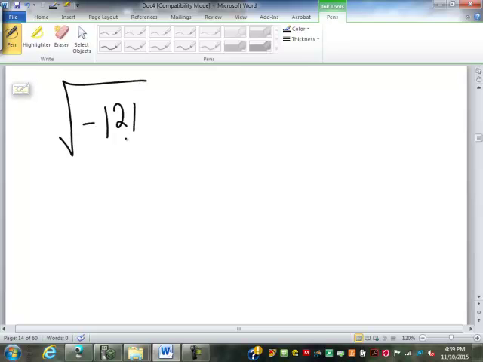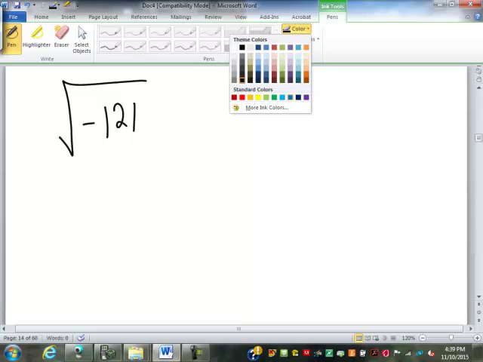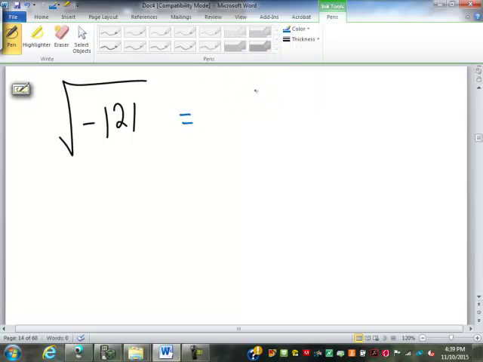Square root of negative 121. Can't be done. Why not? Because it's a negative.